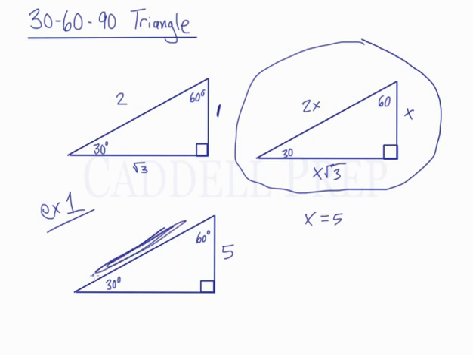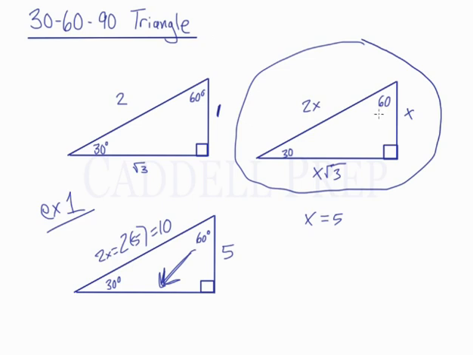This side, the hypotenuse, is 2x. So this side is simply 2 times x. So that's 2 times 5. So we get that this side is 10. This side down here is across from the 60-degree angle.